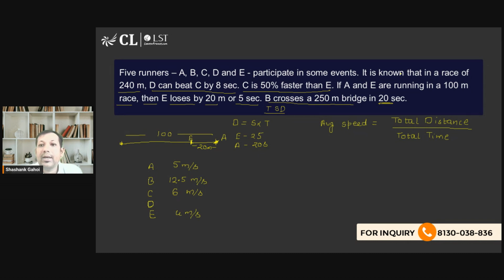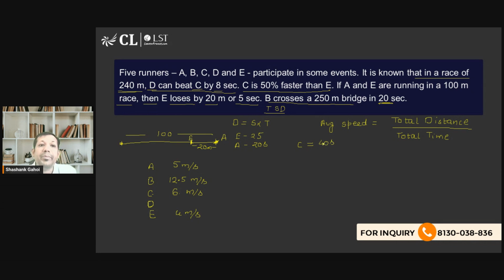It is known that in a race of 240 meters, D can beat C by 8 seconds. The speed of C is 6, distance is 240. It means the time taken by C is going to be 240 divided by 6, or 40 seconds.